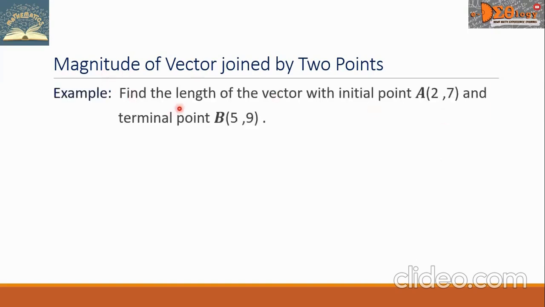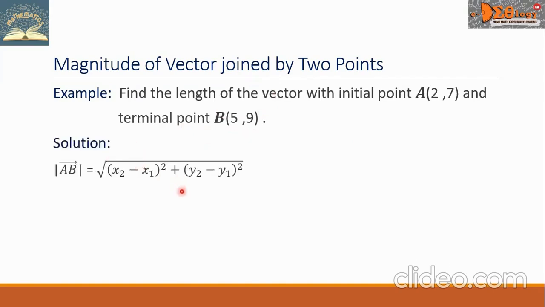Example, find the length of the vector with initial point A 2, 7 and terminal point B 5, 9. Solution, we have this formula. Let us substitute the corresponding values.